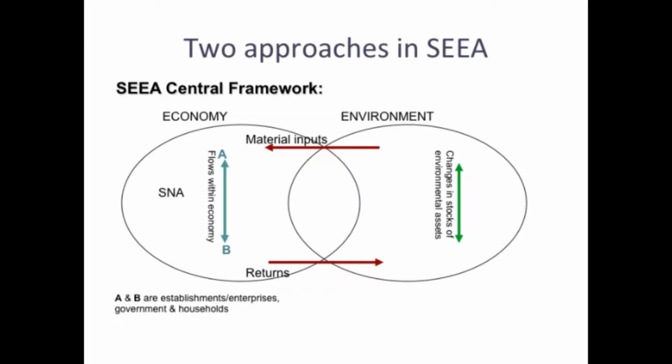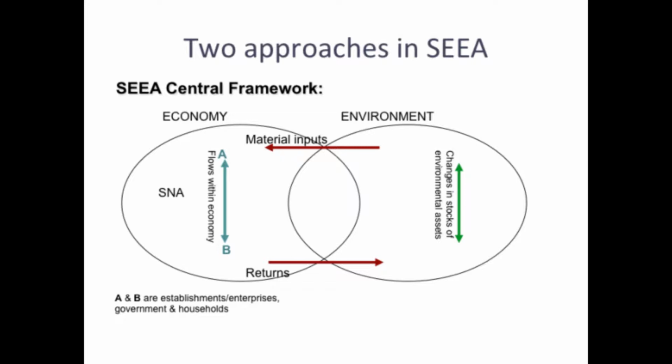Coming into those relationships, you have material inputs from the environment, all types of natural resources that exist in the environment, flowing within to these SNA activities, the flows between the institutional units in the SNA.